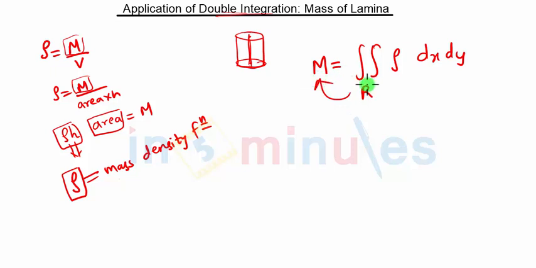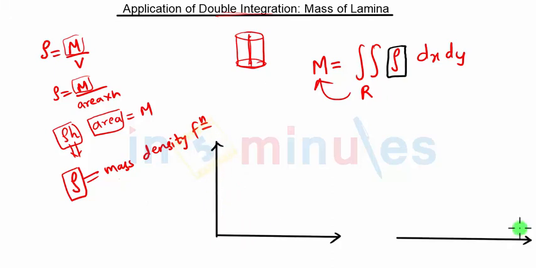In the question, the density will be given, and it will be described there. We can have the density in Cartesian coordinates and in polar coordinates. It will be given as the density at any point P by some equation.